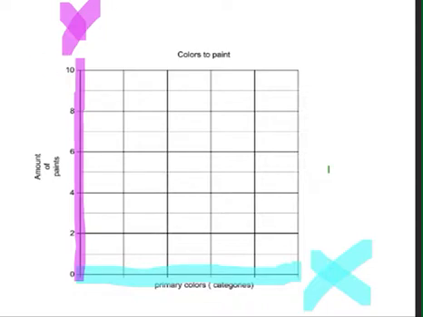In the video, you saw that I had a certain amount of paint that I could use. What was I talking about? I was talking about paints. So the title of this graph is right here. Colors to paint. That is the title of my graph, right?